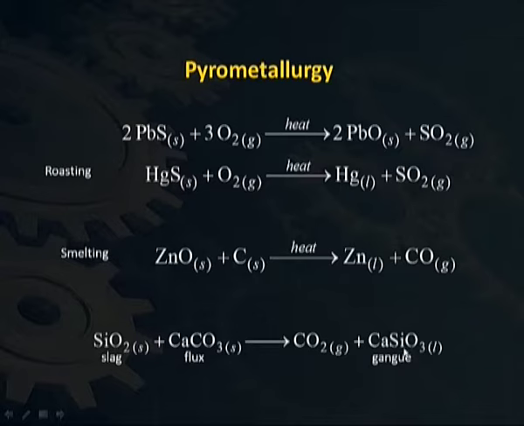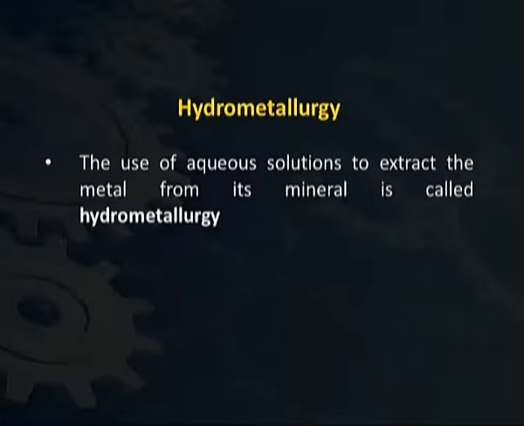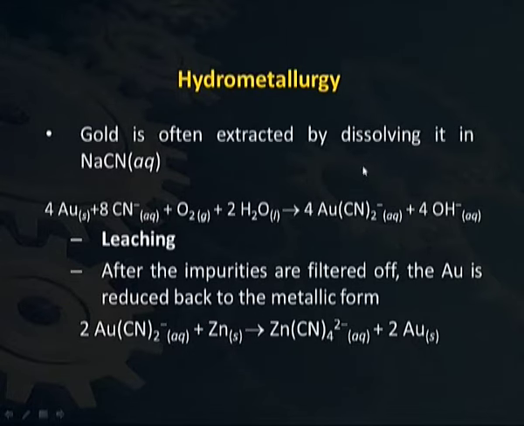Coming to hydrometallurgy, hydrometallurgy is the use of aqueous solutions to extract metal from its minerals. Gold can be extracted by this method. First of all, gold is dissolved in sodium cyanide. This is an aqueous medium, and the gold forms a complex in the medium, and this is leached out.